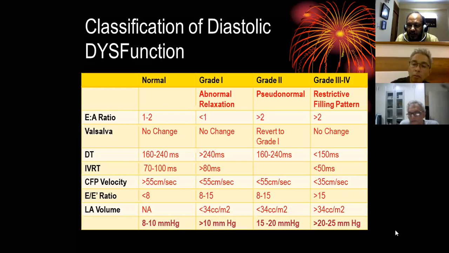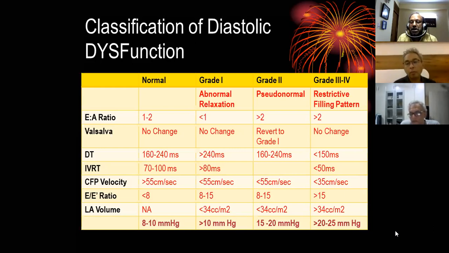Are we clear now? That is what you read as acute MR in your Braunwald, Harrison, versus chronic MR. At the time when acute versus chronic MR was described, there was no concept of LA pressures and left ventricular diastolic pressures.